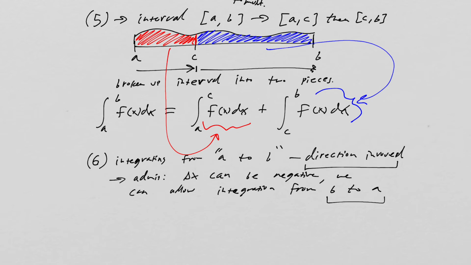And what we do is we interpret that as basically saying that the delta x is then going to switch to a negative delta x. And the dx, that differential, that infinitesimally small interval, will just be switched to negative dx, right?